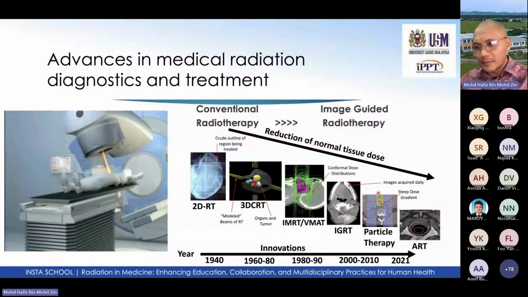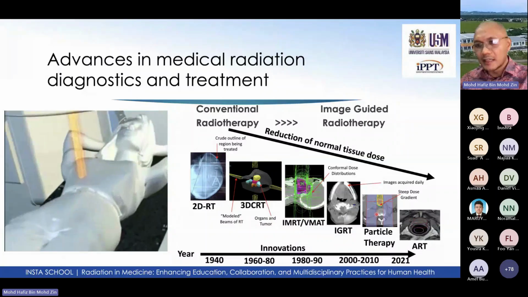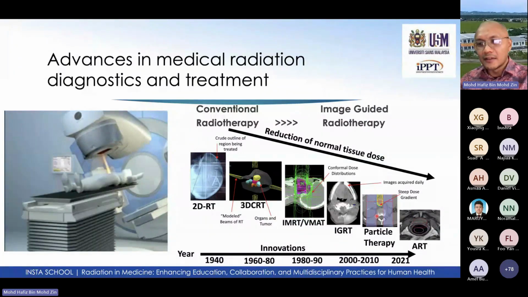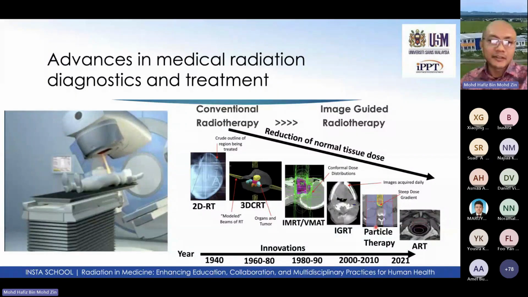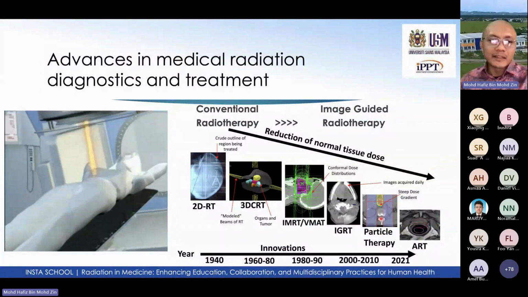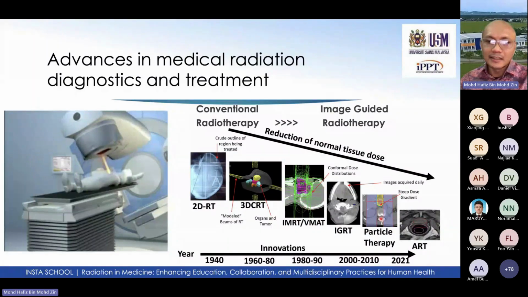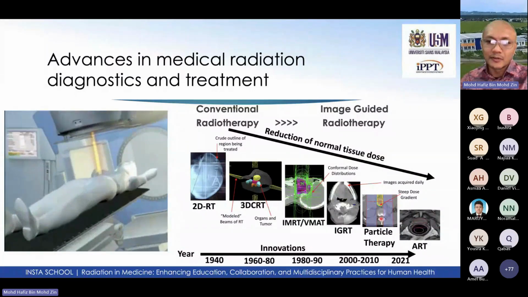And like Dr. Nora mentioned earlier, instead of delivering X-rays, we can also deliver particle beam, for example, proton and carbon ion. So these have some advantages for certain type of cancer that is radio resistant to X-ray.